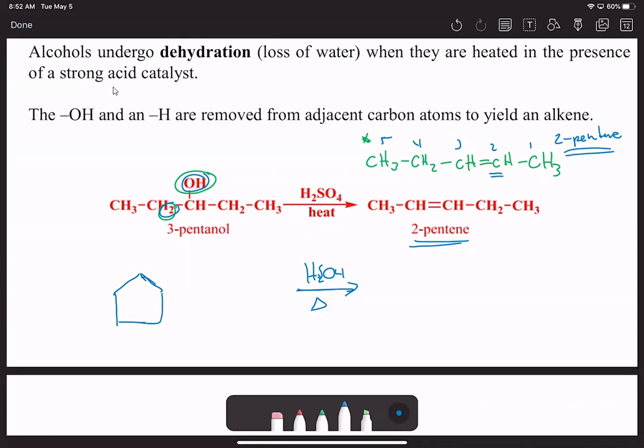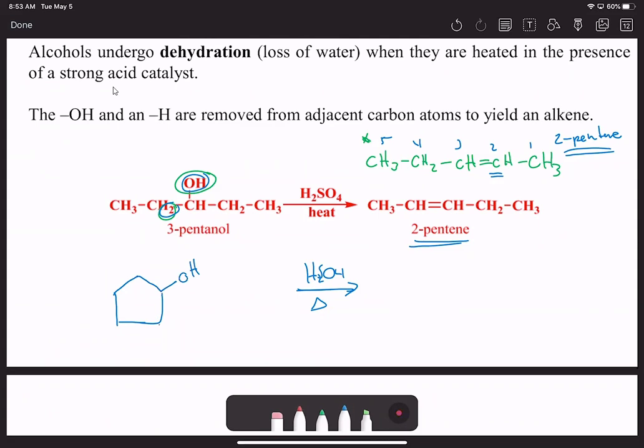So here, let's make this into an alcohol. All right. So here's my alcohol. I'm going to add some acid to it. So this is a dehydration reaction. We're going to add some acid to it, add a little heat to it, and I have the option here.